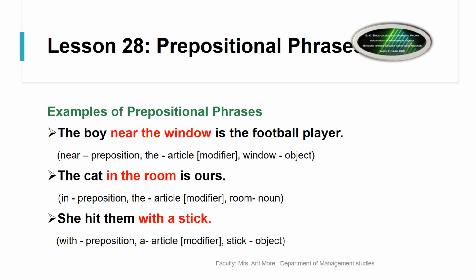Students, before that, I'll give you a very simple example. Just like bread and cheese are the minimum ingredients for making a cheese sandwich, a preposition and the object of a preposition are the minimum requirement for forming a prepositional phrase. The object of a prepositional phrase is the noun or pronoun following the preposition.